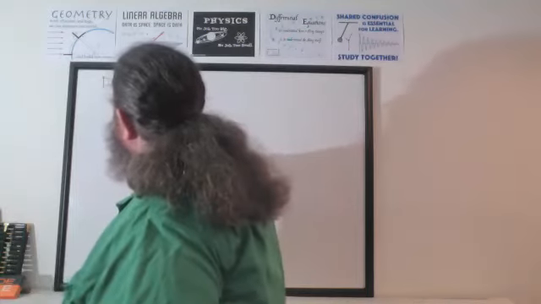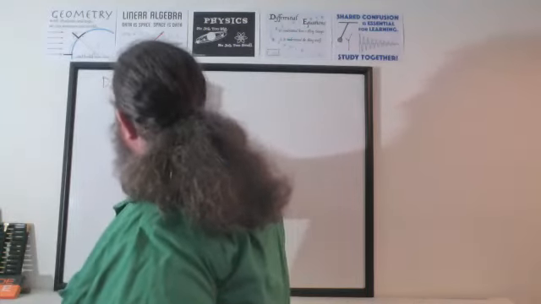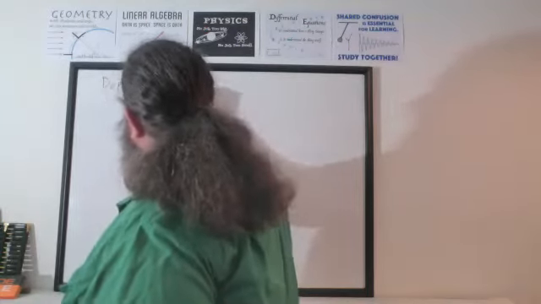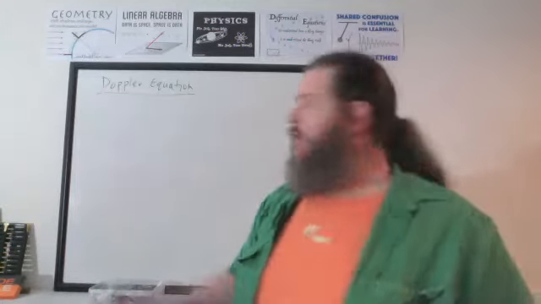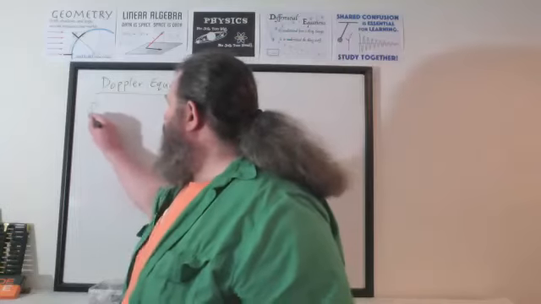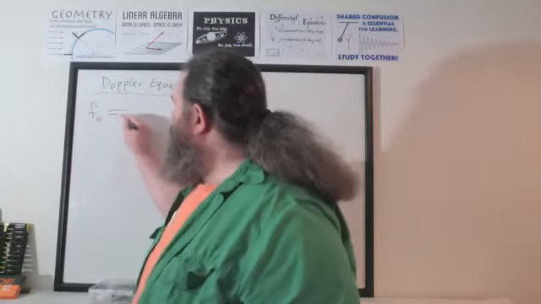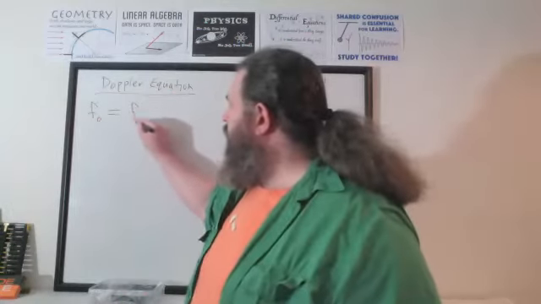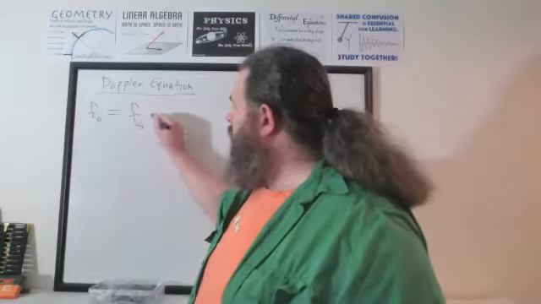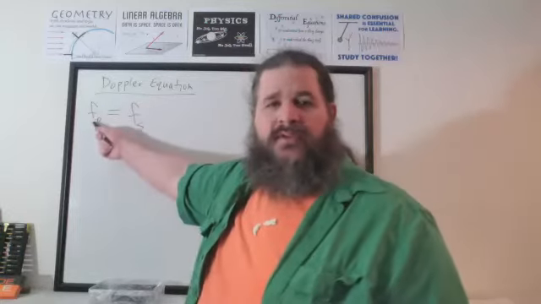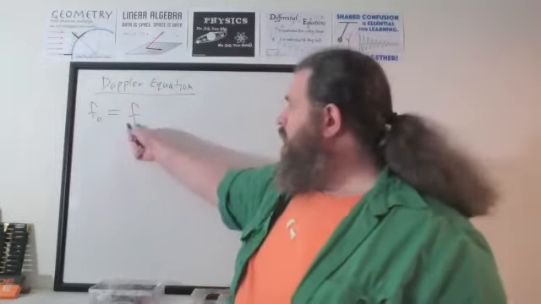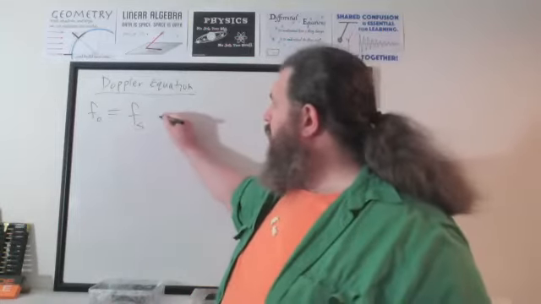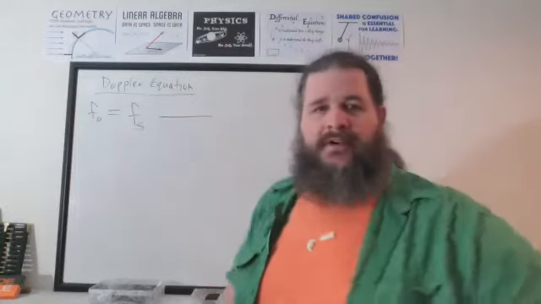The usual Doppler equation, the way it's usually written, is an equation describing how the frequency that's observed, usually written as F sub O, compares to the frequency that's created by the source. So this is saying the frequency heard by the observer, F sub observer, equals the frequency created by the source times a modifier fraction.